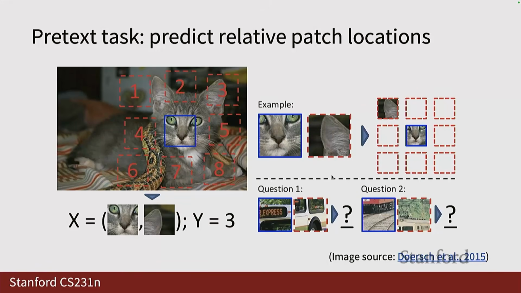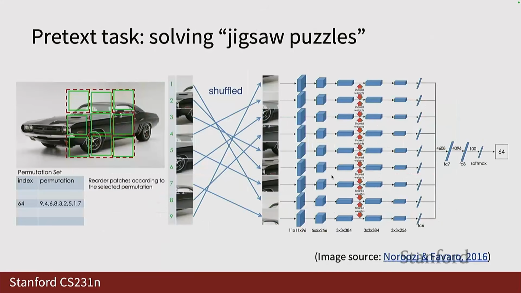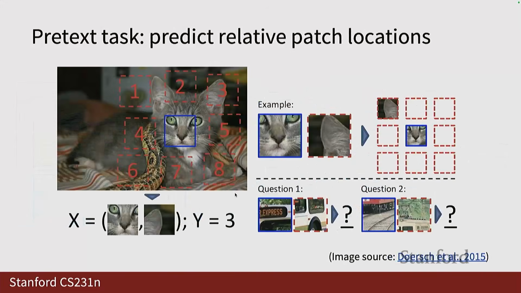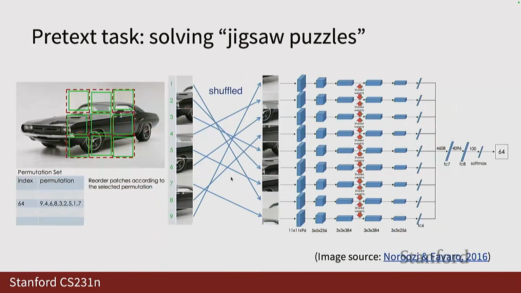This was one example, but another follow-up publication, which turned this into a jigsaw puzzle framework, instead of asking the model to just predict which of these 8 patches it is, tried to predict the exact permutation.